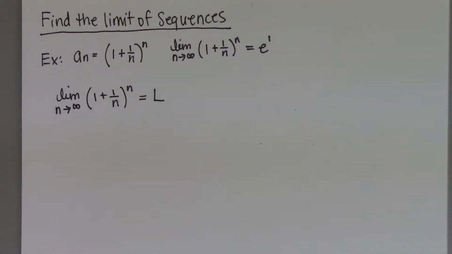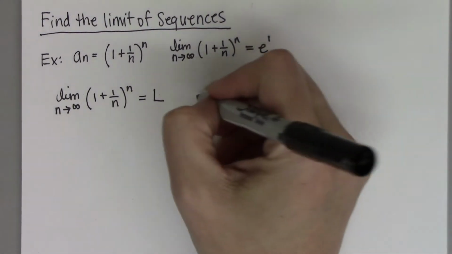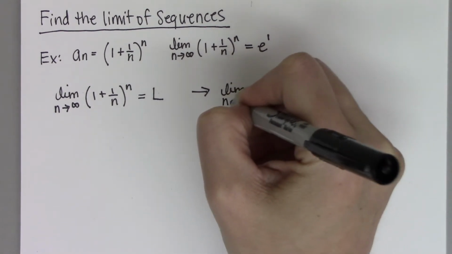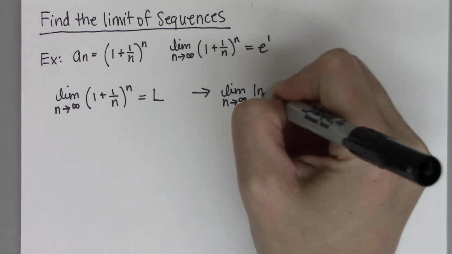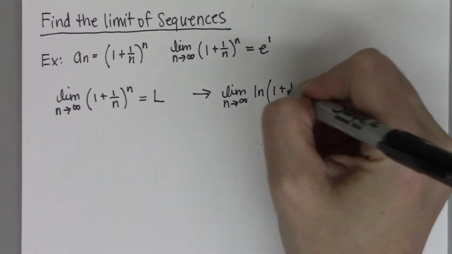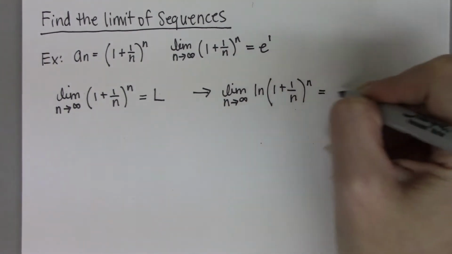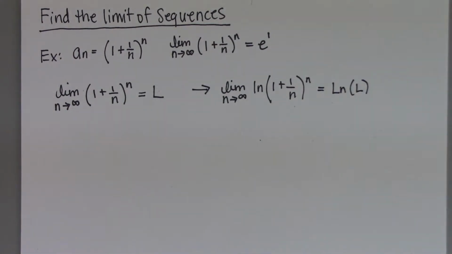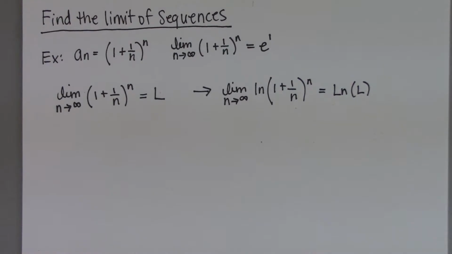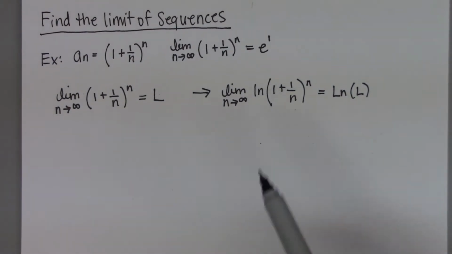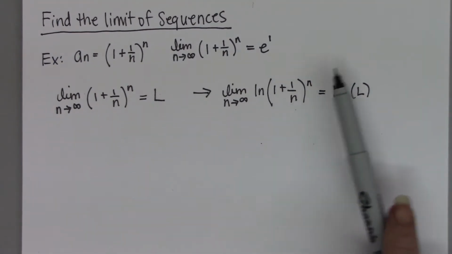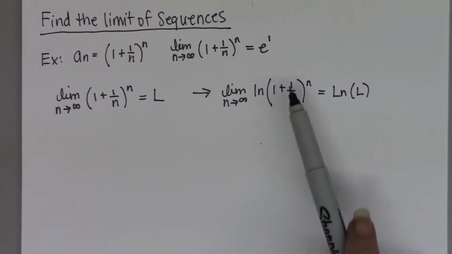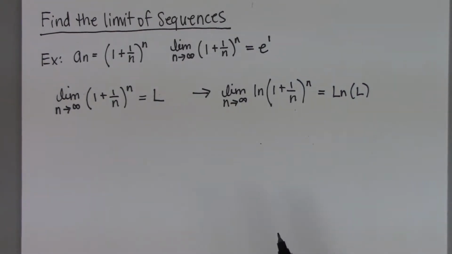Well, now that I've created another side to this equation, I can actually take the natural log of both sides. So we're going to take the natural log of the expression on the left, and then similarly, we're going to take the natural log of the number on the right. So for the rest of this problem, I'm just going to set this aside, and we're just going to look at this side of the equation, and we're going to simplify it all the way down till we can't do it anymore.